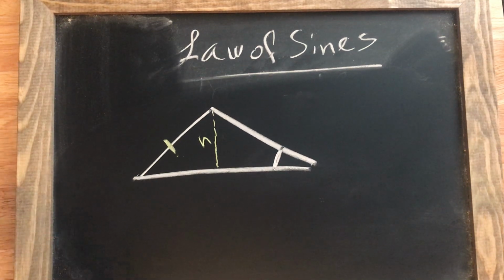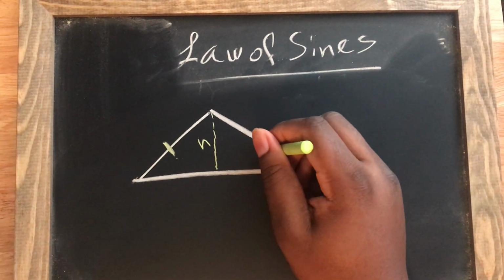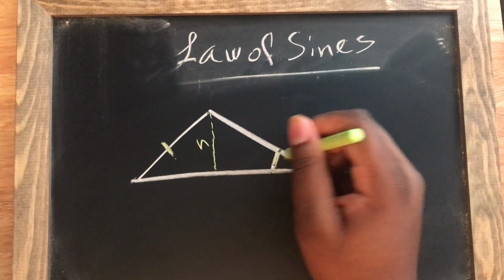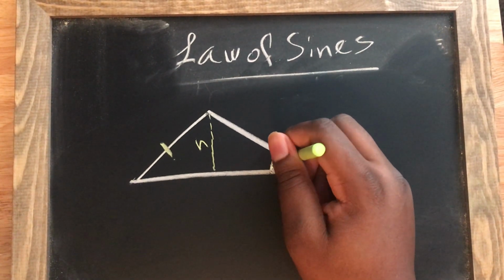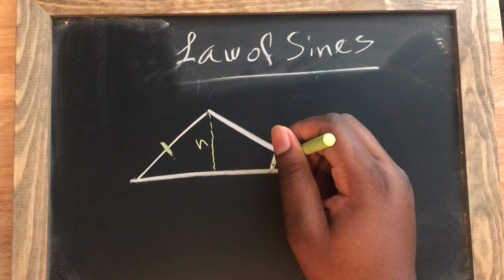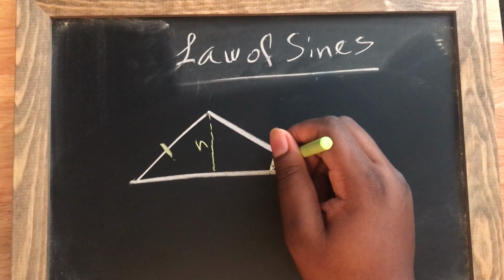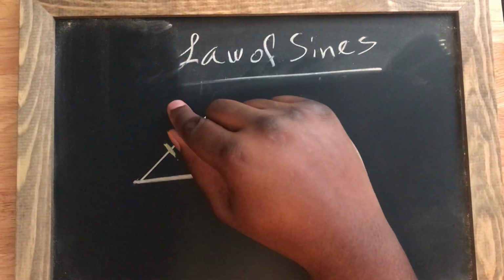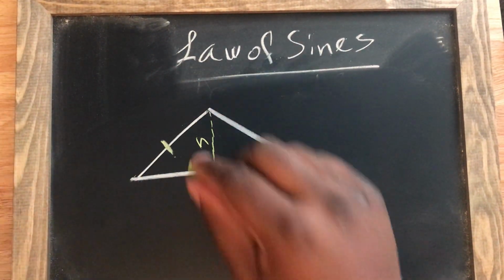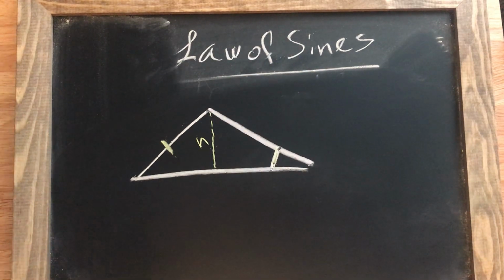If you're given an angle, and you are given a side length that's across from this angle, then this better be longer than that.